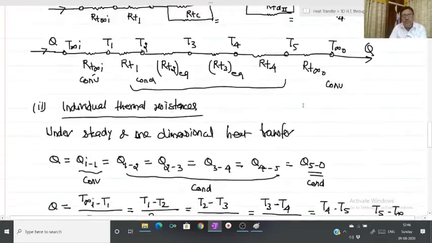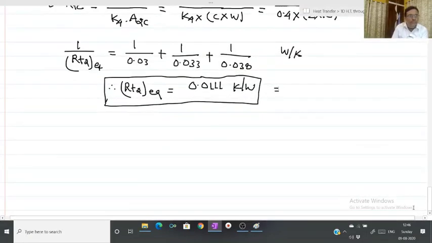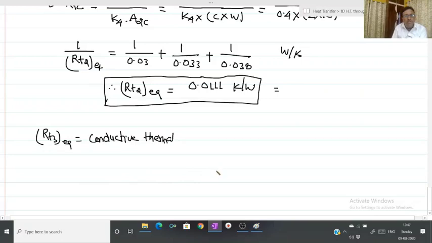The RT3 equivalent will be the conductive thermal resistance of the third slab.